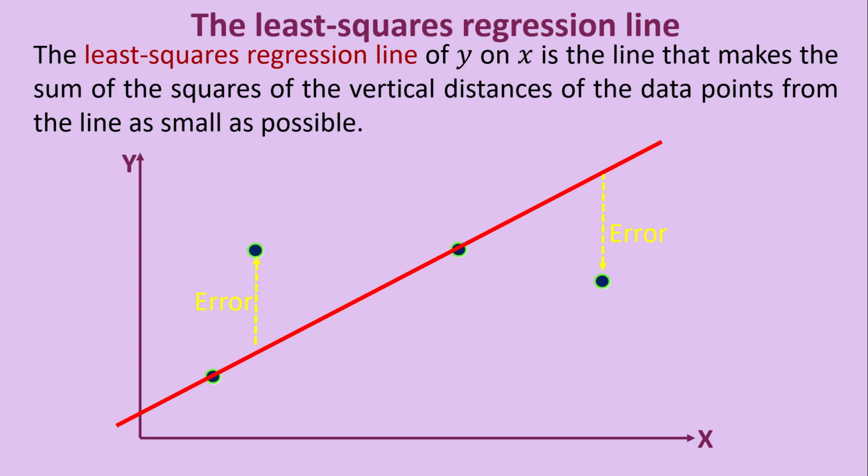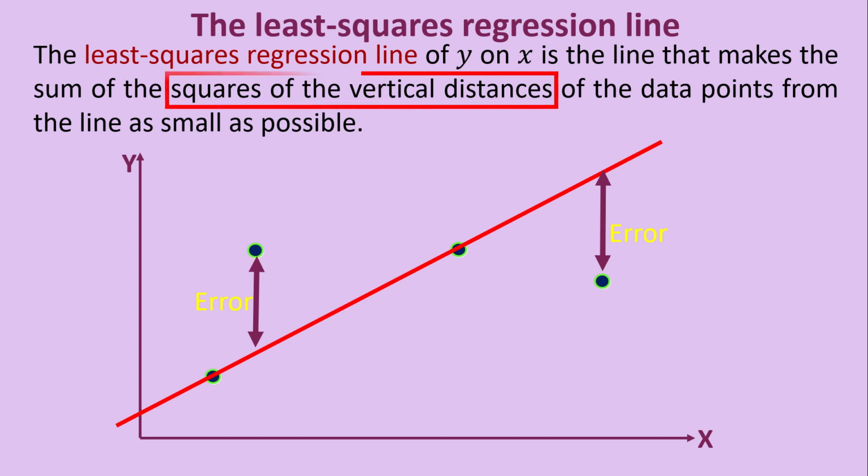What is the meaning of that? We know errors. Errors are the vertical distances. Then we find these errors of each point. We find the error and get the second power of these errors. Then we add them together. We need to minimize that expression as small as possible.